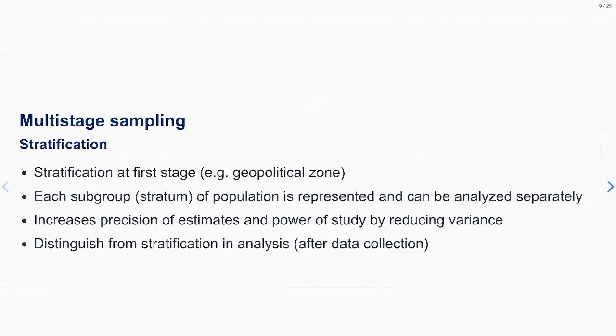It is very important to distinguish between stratification at the point of sampling from stratification in analysis. So, stratification in multi-stage sampling occurs before we collect the data, while stratification in analysis occurs after we have collected the data.